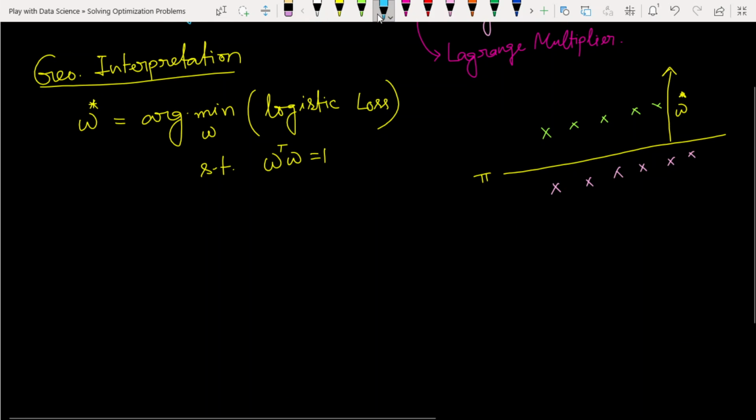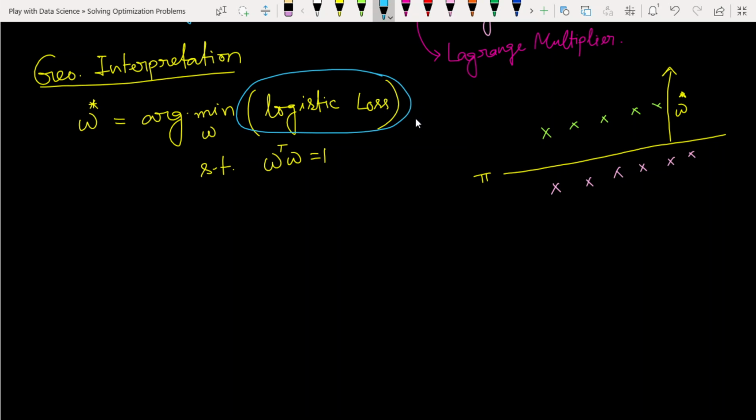If you compare these equations, this equation is simply an objective function.